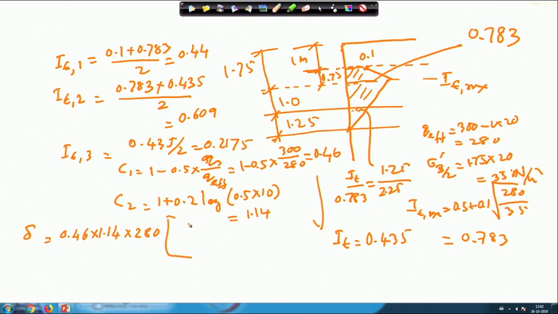So, I epsilon 1 will be 0.44 divided by 12 multiplied by 10 to the power 6, plus the second one is 0.609 divided by 16 multiplied by 10 to the power 6, plus the last one is 0.2175 divided by 24 multiplied by 10 to the power 6, and this is 10 to the power 6 Newton per meter square.